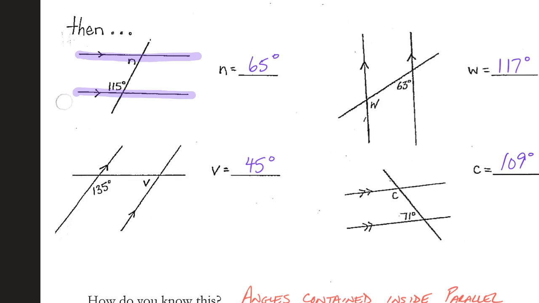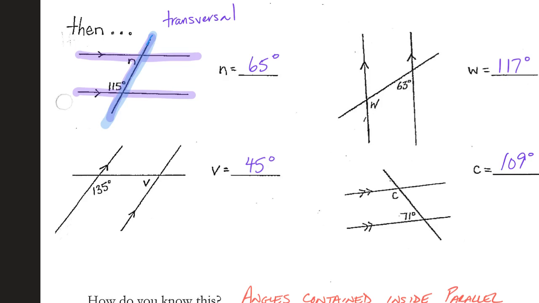And notice that this line that crosses them is referred to as a transversal. And if I now highlight that transversal in blue, it causes my angle N and my 115 degree angle to be contained inside the parallel lines.